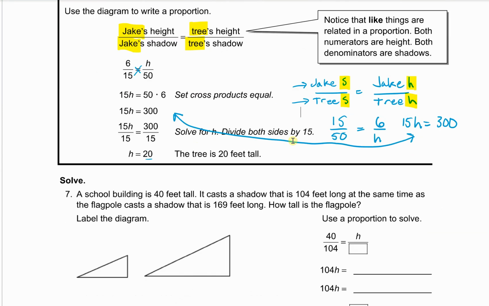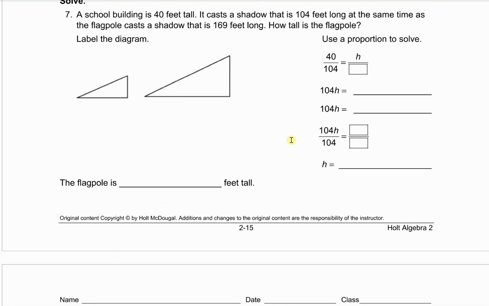If we look at the example here, we've got a school building. It's 40 feet tall, casts a shadow 104 feet long. At the same time, there's a flagpole, and it casts a shadow 169 feet long. So here we have a flag, and it's up on a flagpole, and then here is the school.